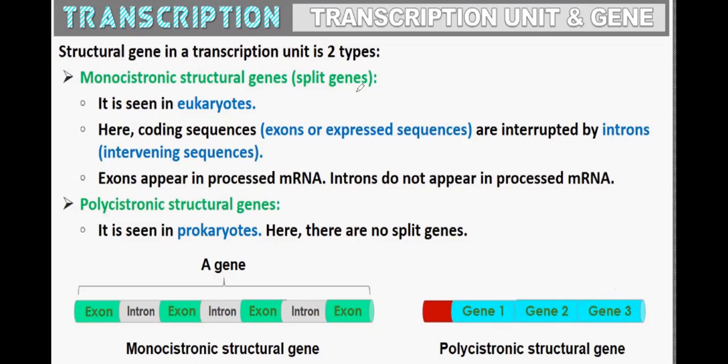So there are two types of structural gene. Monocistronic, which are reported in eukaryotes, having both exon and intron. These messenger RNAs undergo processing, then introns are removed. Whereas polycistronic structural genes are present only in prokaryotes. Here, there are no introns, only genes.